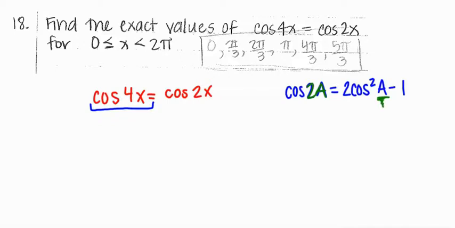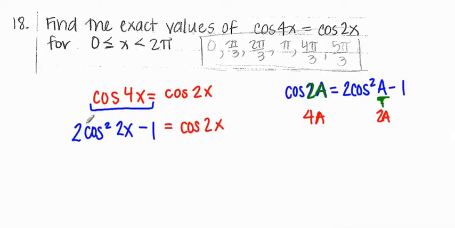If I have 4a, that means my double angle is in terms of 2a. And that's exactly what I want to get, is I want to get this in terms of 2x. So I'm going to take the cosine of 4x, and it is going to become 2 times cosine squared of 2x minus 1. And that is equal to the cosine of 2x.